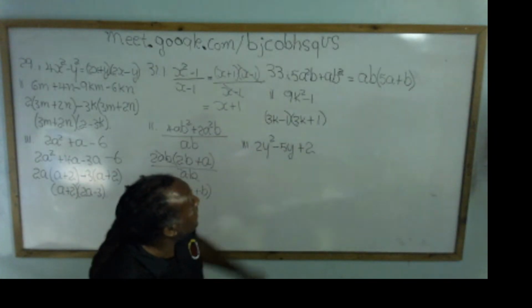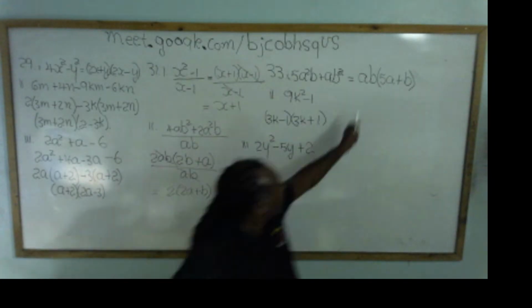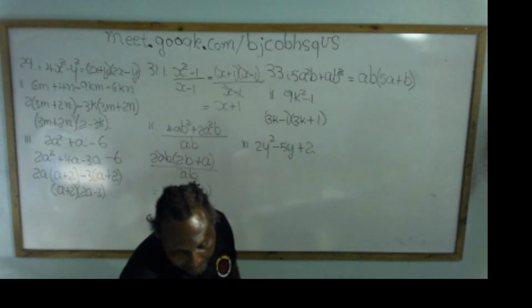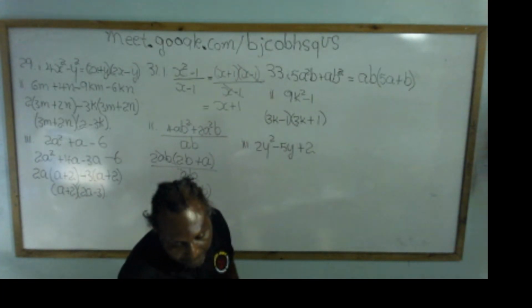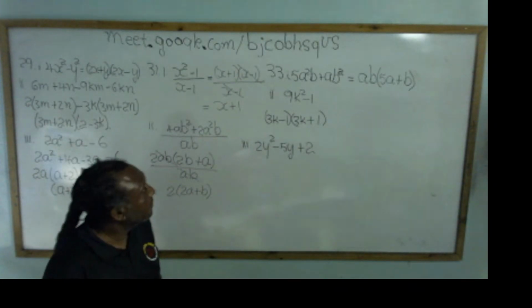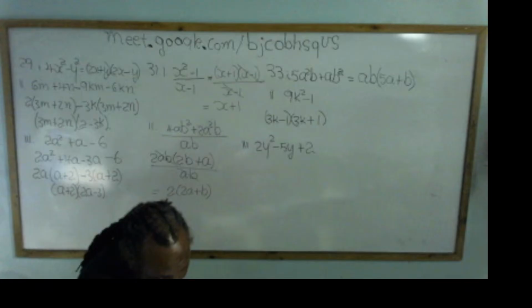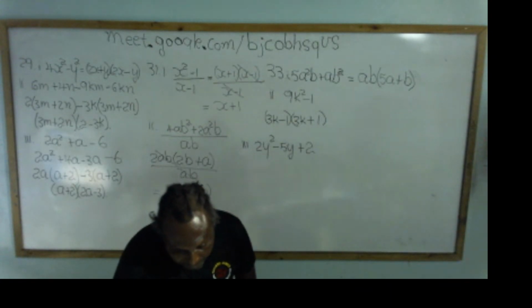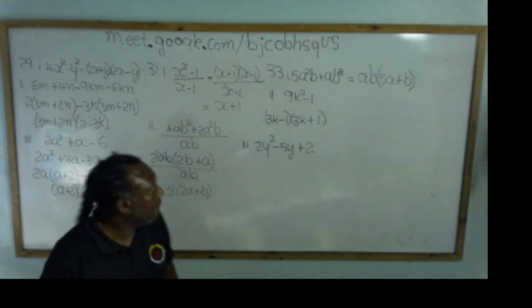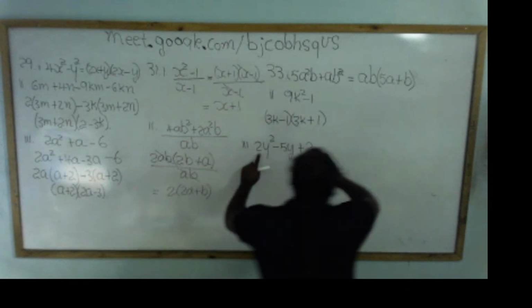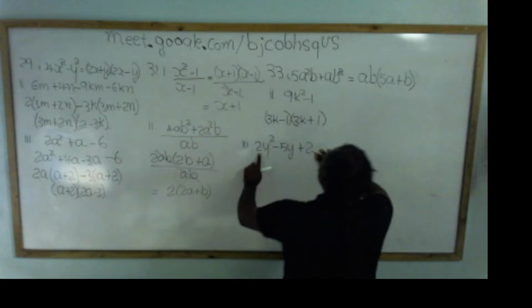You have ab here, then 5a plus b. And that's what I have. Let me have this one then. The product is 4 and the sum is negative 5.